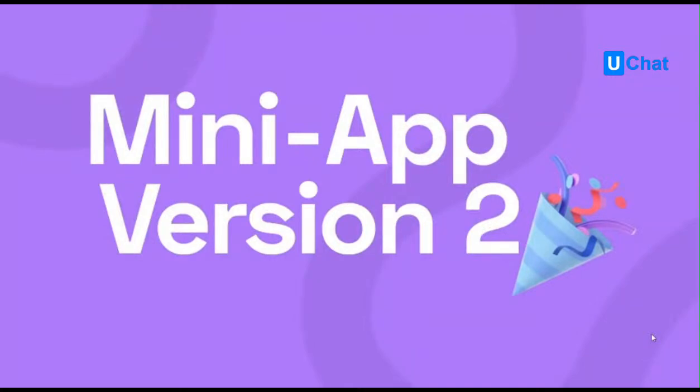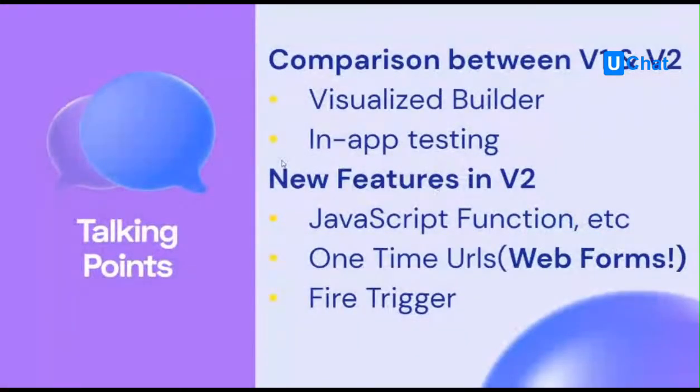Today we are going to talk about mini app version 2. I'm covering two parts today. The first part is the comparison between version 1 and version 2. Remember last time we had the guest Fikri show us how to build RezoPay in mini app version 1.